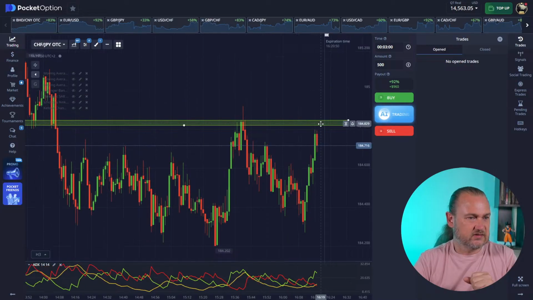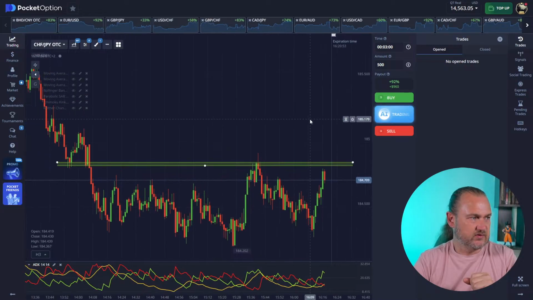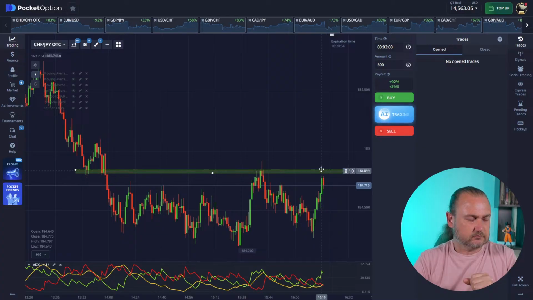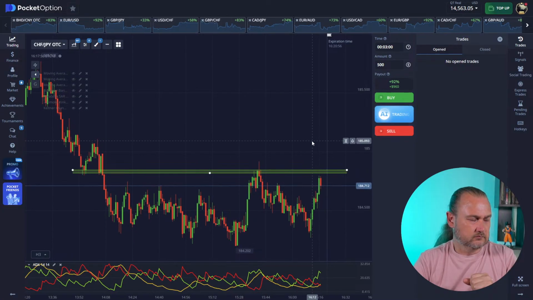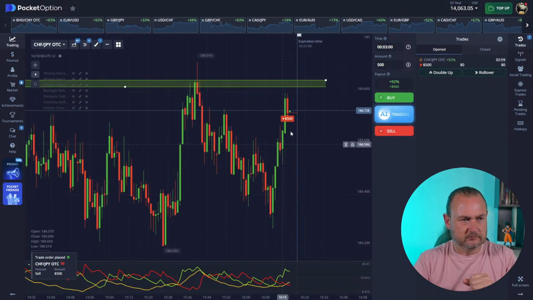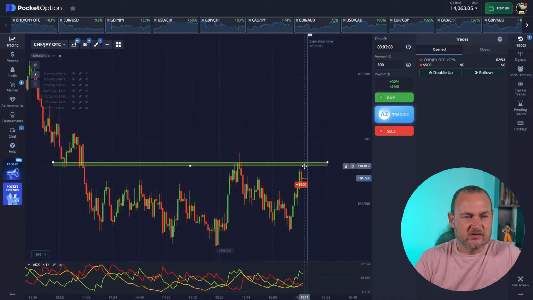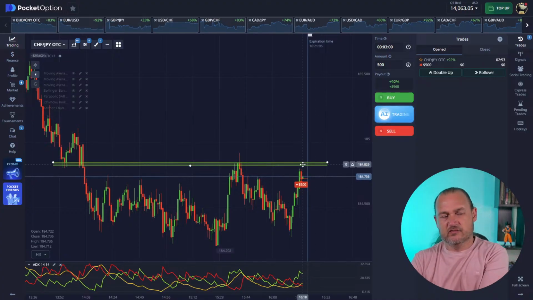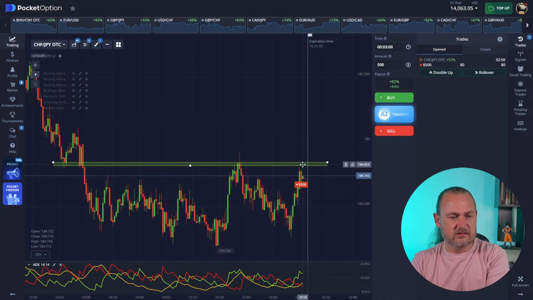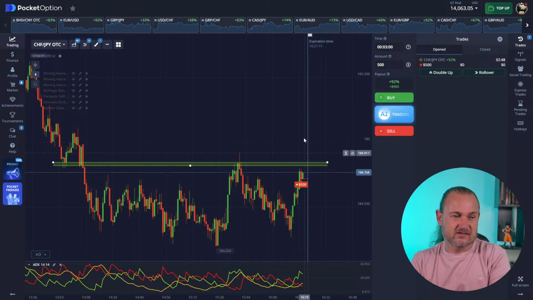I would have liked price to hit. Let's go with it. Okay, so price got stopped again by the resistance level, and I hope this thing doesn't rail me now.